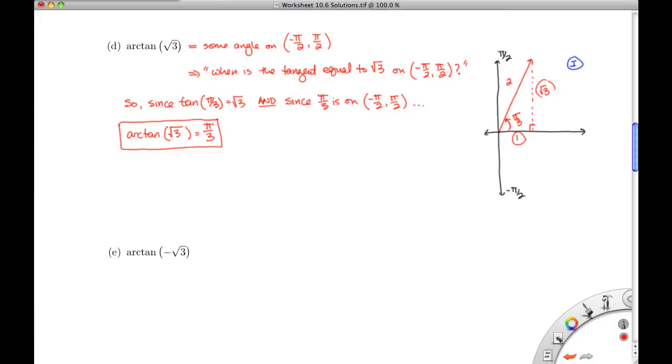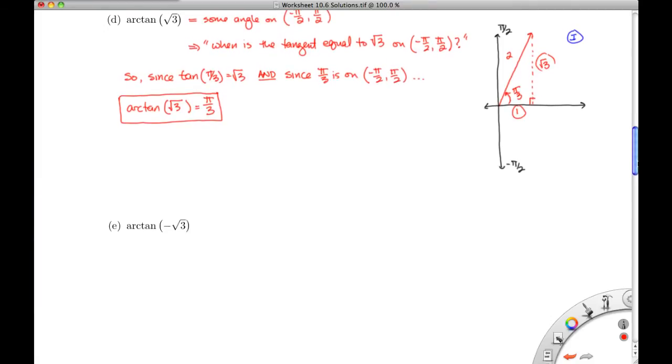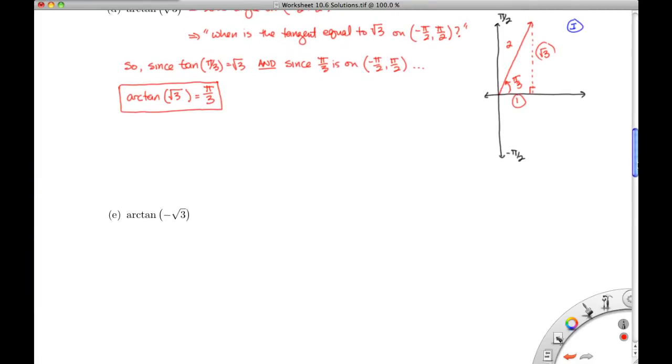So hopefully you're seeing how this process works, and the only thing we really have to be mindful of is our restricted range of angles for the specific inverse trig function, and then being able to locate these angles using the skills that we developed in solving trig equations in 10.2 and evaluating trig functions for that matter.